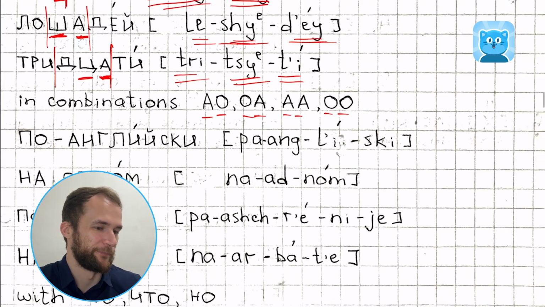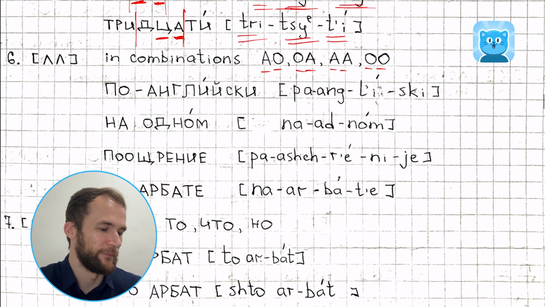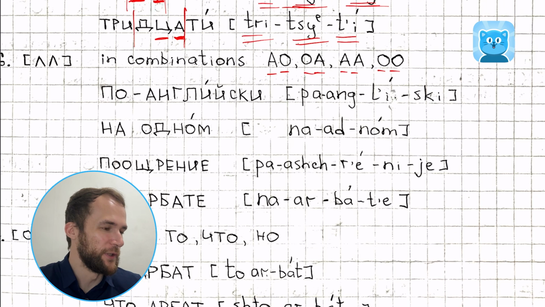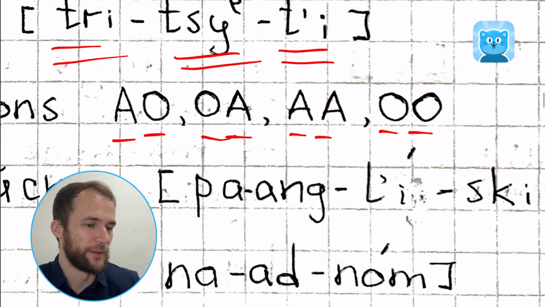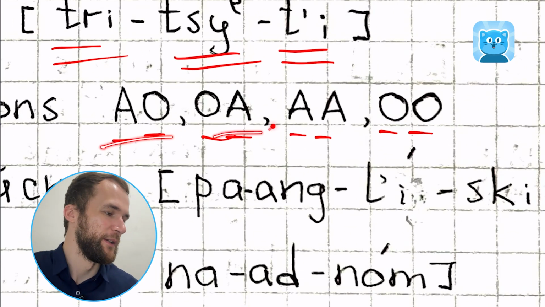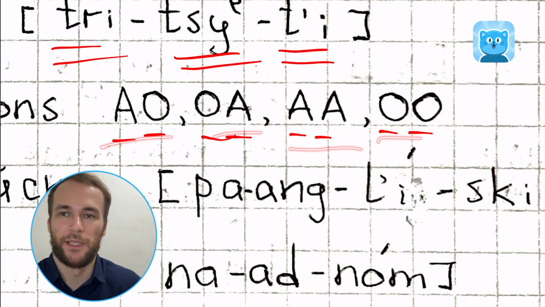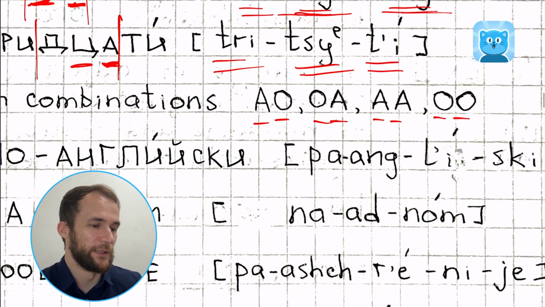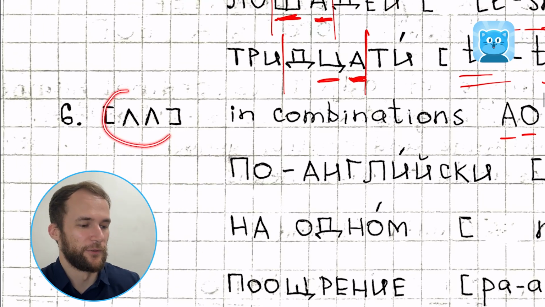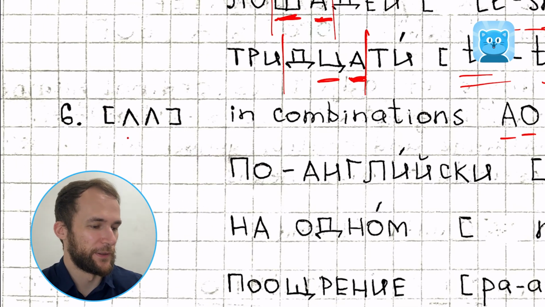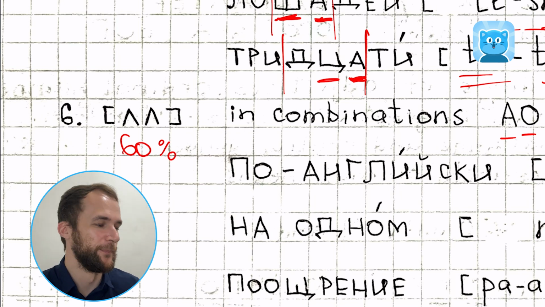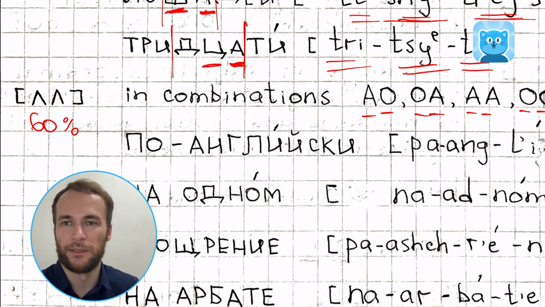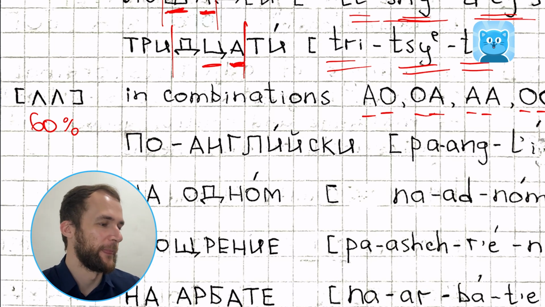So usually in these combinations, letter a and another letter, which is o, they are pronounced with like 60% power or energy. Okay.